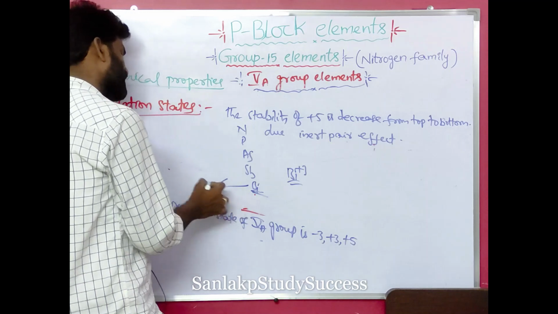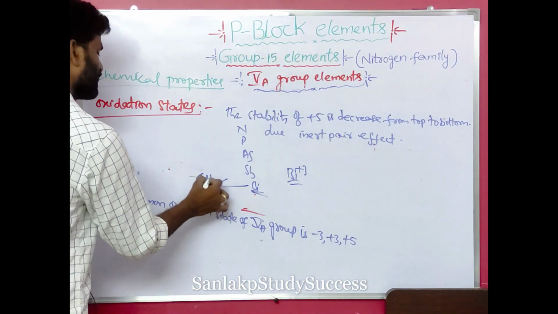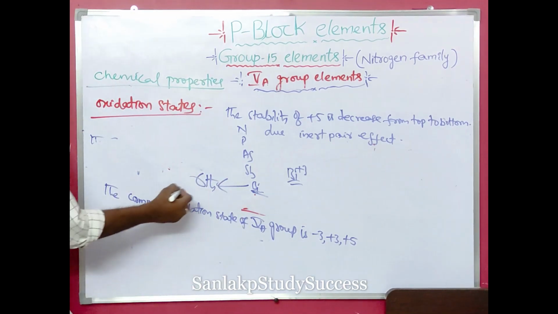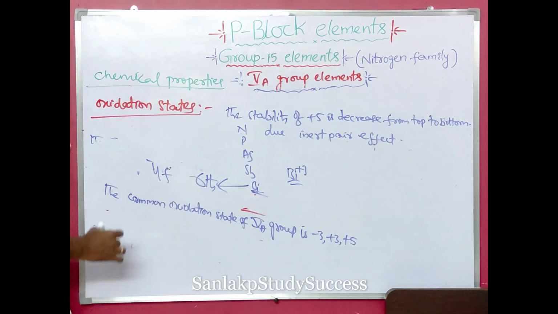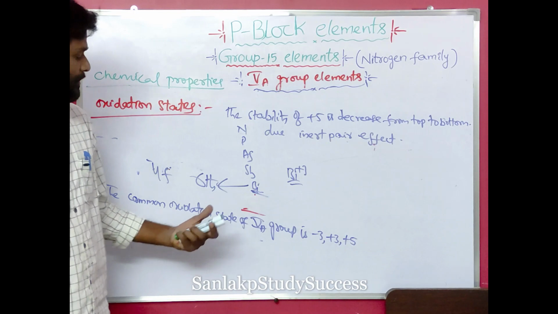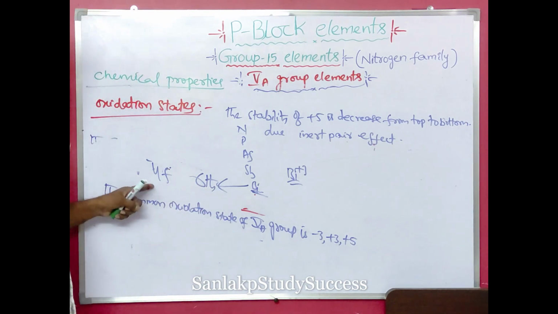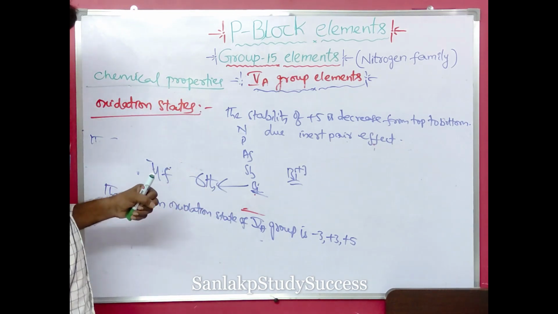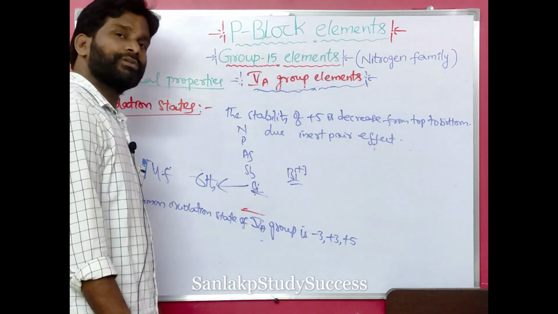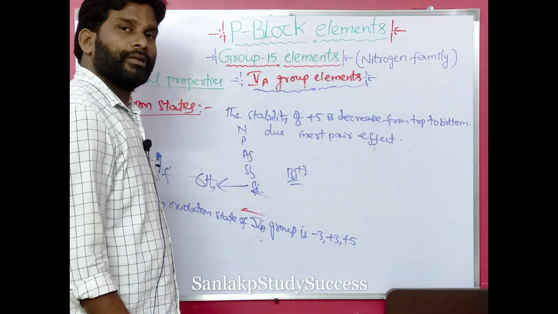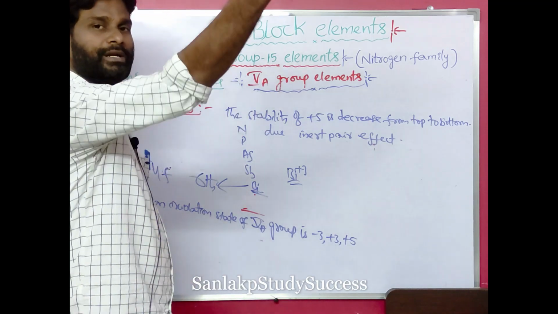Bismuth is present in the 6th period. So in the 6th period, which orbital comes? The 4f orbital is present. That 4f orbital has poor screening effect, which means the nuclear attraction on the outer electrons is more.